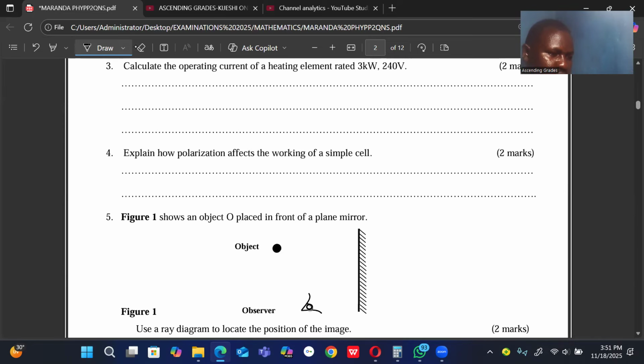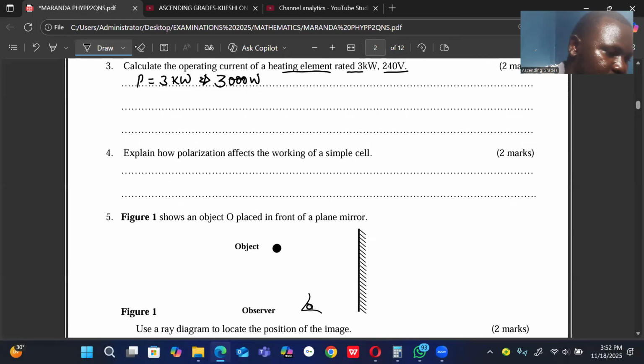Question 4. You're told the operating current when a heating element is rated at 3 kilowatts and 240 volts mains. So we know that our power is 3 kilowatts, which is equivalent to 3,000 watts. Then our potential difference is 240 volts. Then you are being asked about the current.